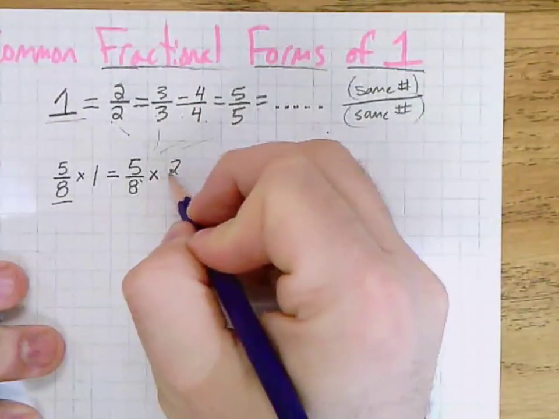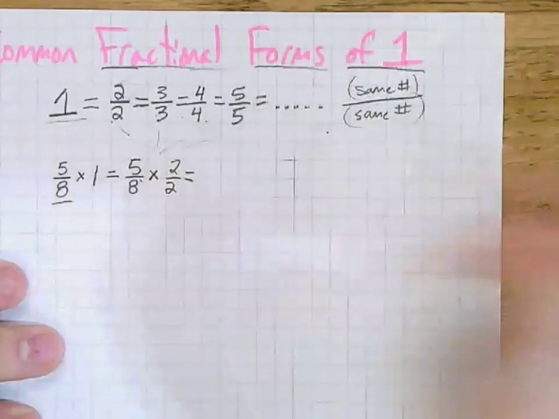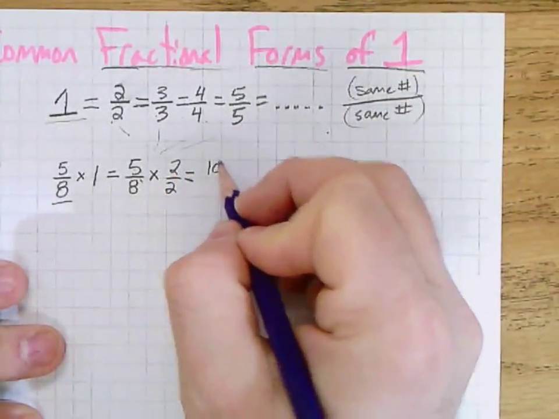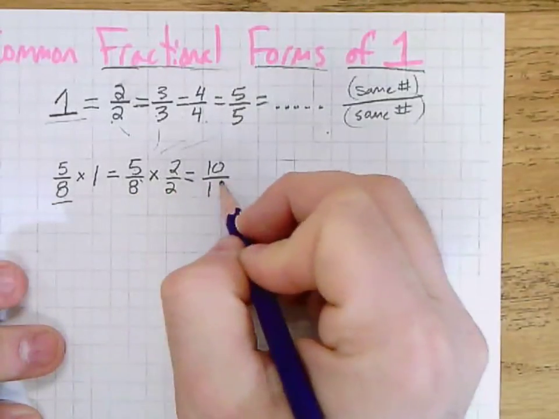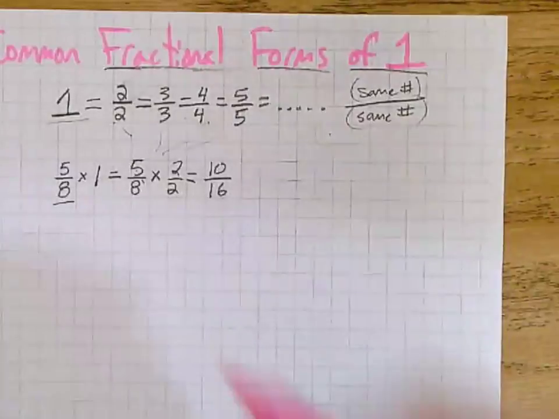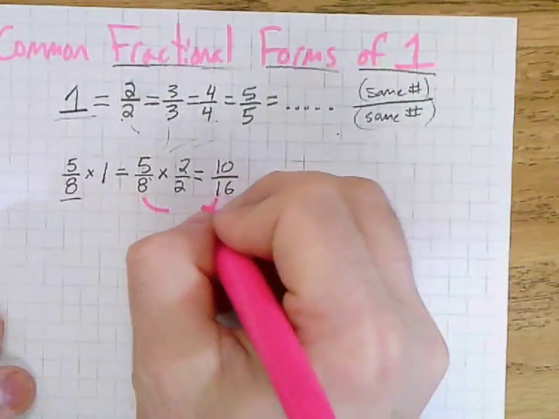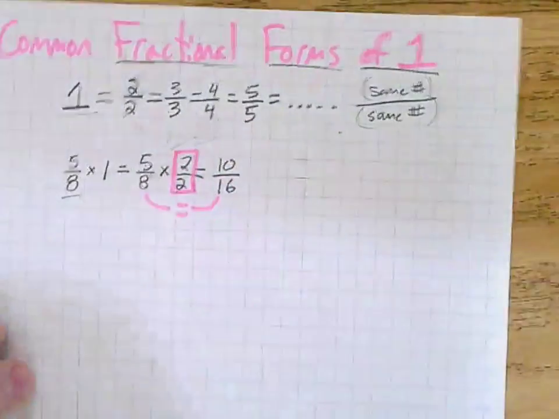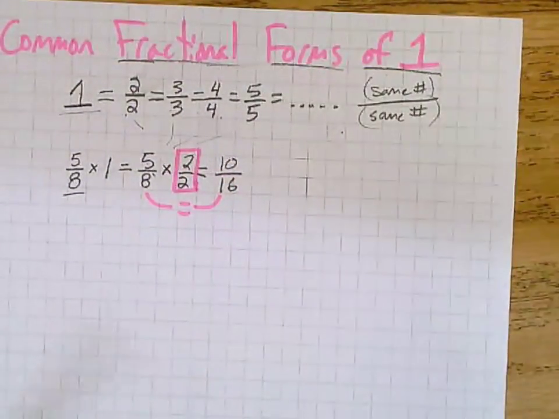I'm going to choose the easiest one, 2 over 2. And then when I multiply across, I get 5 times 2 is 10, and 8 times 2 is 16. So I end up with the equivalent fraction, 10/16. These two equal each other, and I found them by using the fractional form of 1, 2 over 2.